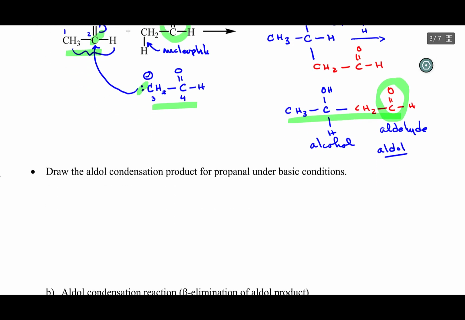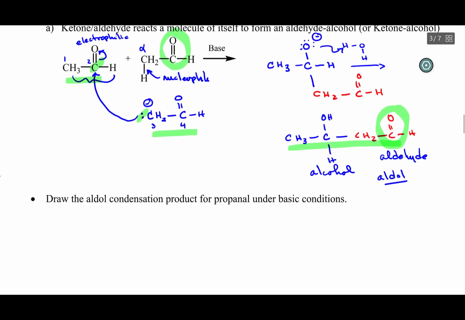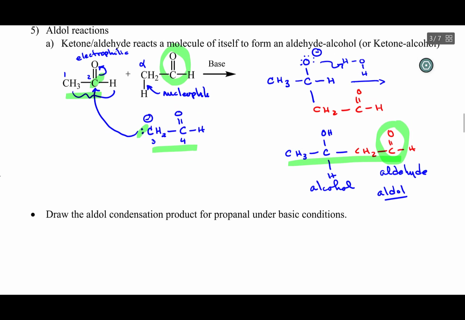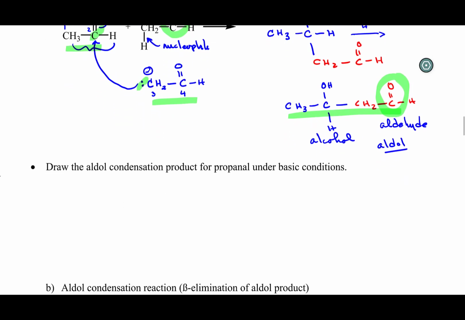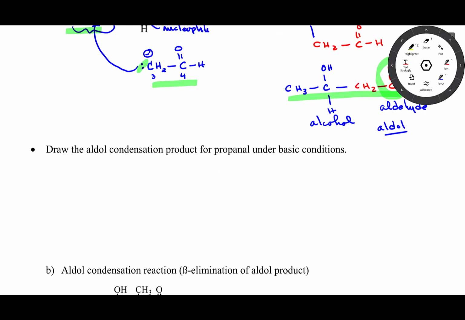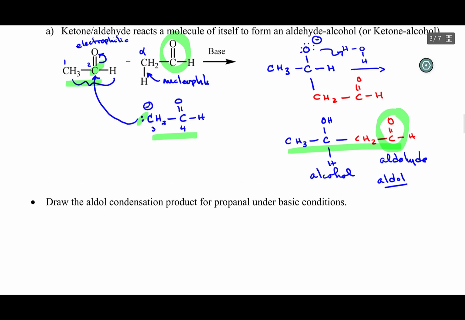Okay. Now, there's also something called an aldol condensation reaction, which I'll follow up with in a second. But what I thought I'd do is do another example of an aldol reaction, and this time using propanol. And we'll go through the practice of how I recommend you write these out so that you don't make any mistakes in determining what the actual product is.